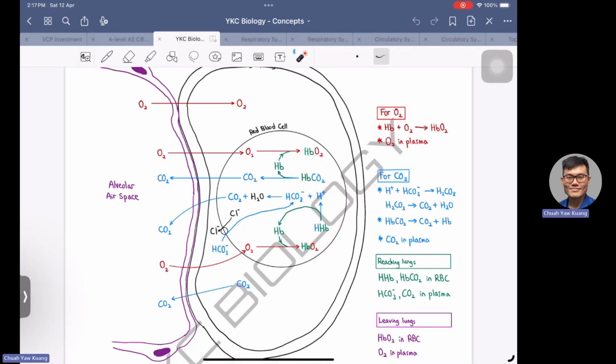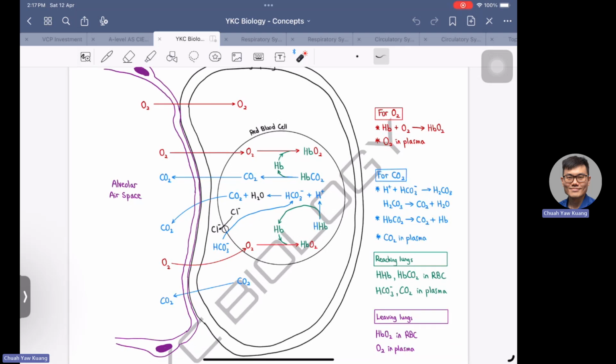So for the first pathway in the carbon dioxide transport, the hydrogen ion and the bicarbonate ion are going to be reversed and form the carbonic acid. And then this carbonic acid will reverse and dissociate to become the carbon dioxide and the water. So let's discuss in detail this first pathway.